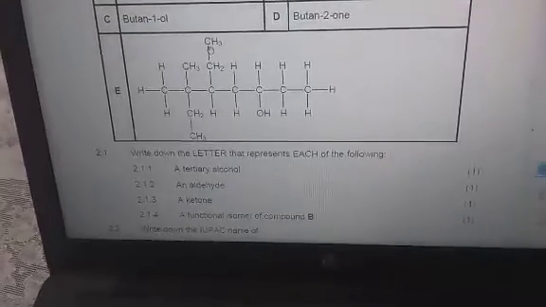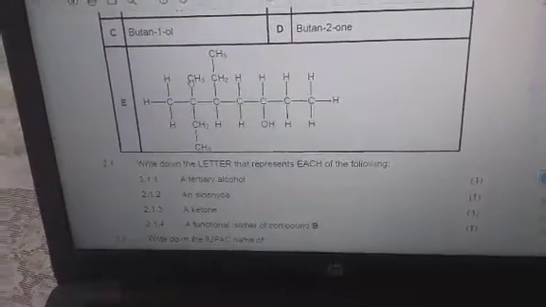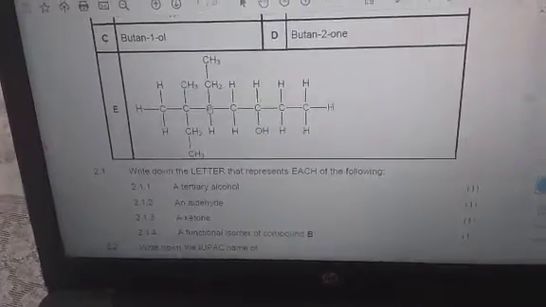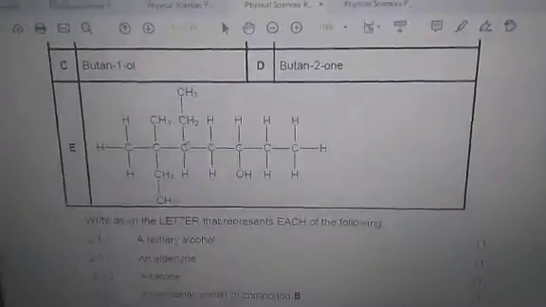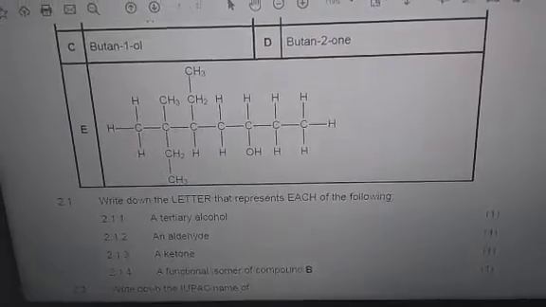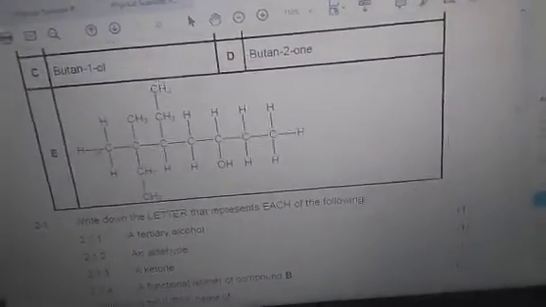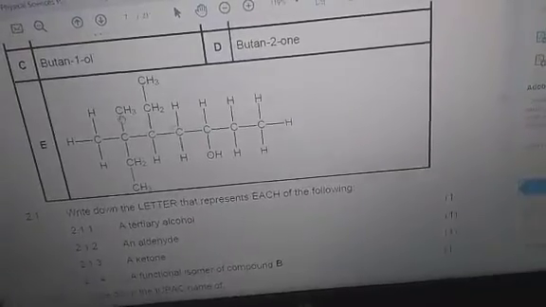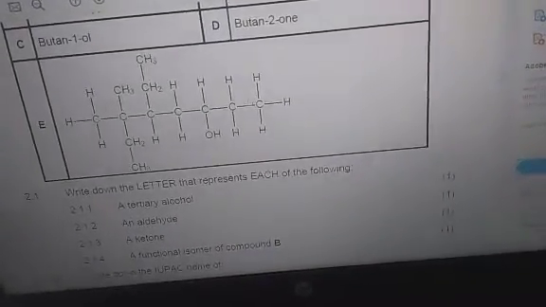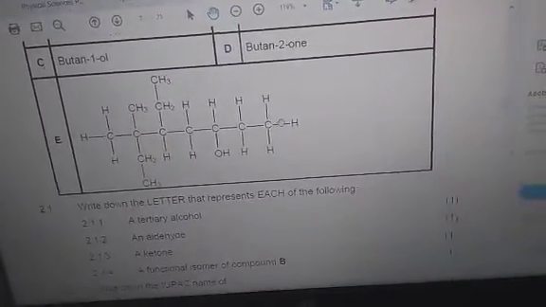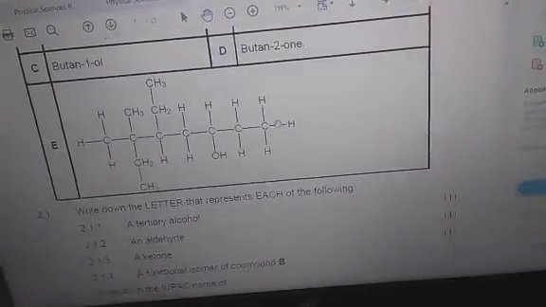Ethyl, E comes first before M. So it is 4-ethyl-3,3-dimethyl. Then the compound name, which is 8 carbons, octane. I think it's octane.